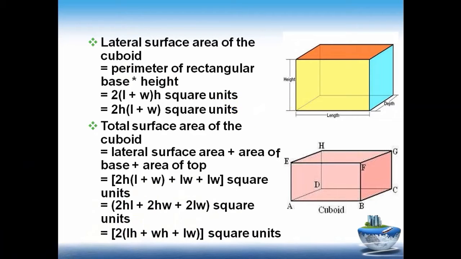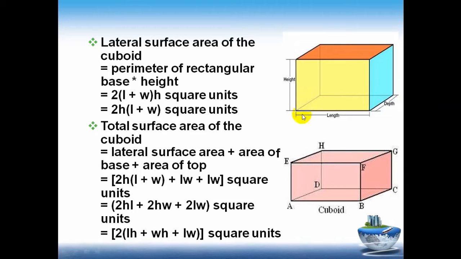To find the lateral surface area of a cuboid and the total surface area of a cuboid: the lateral surface area of a cuboid means the perimeter of the rectangular base multiplied by height, and the perimeter of the rectangle is equal to 2 into (l plus w), so it is 2 into (l plus w) into h square units, and we can write 2h into (l plus w) square units.